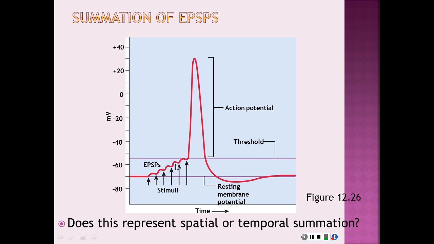Now, if enough EPSPs arrive at this trigger zone faster than they fade away, then they can build up on each other and bring the neuron to threshold and then trigger the action potential.